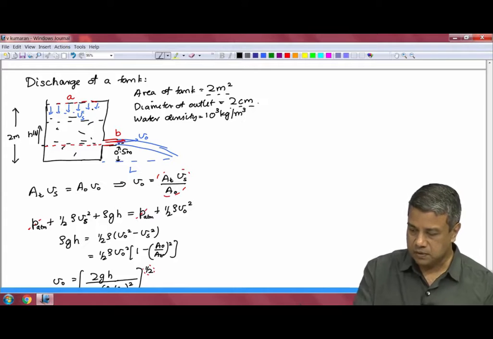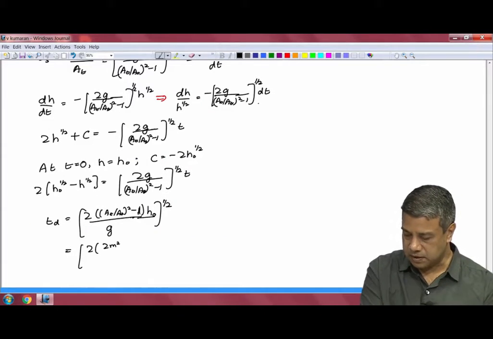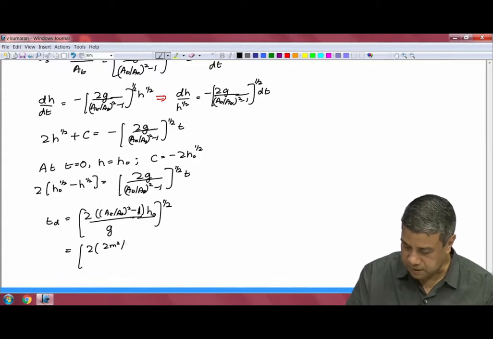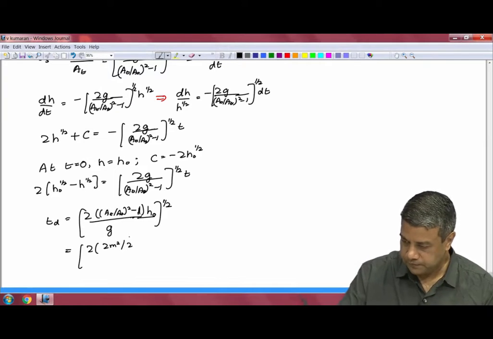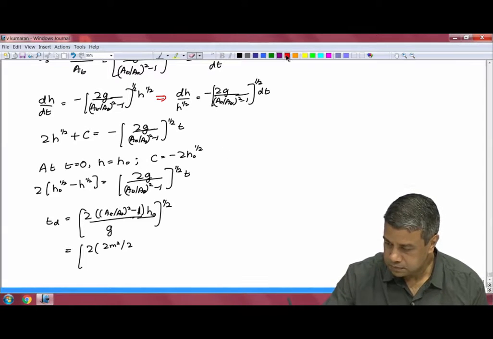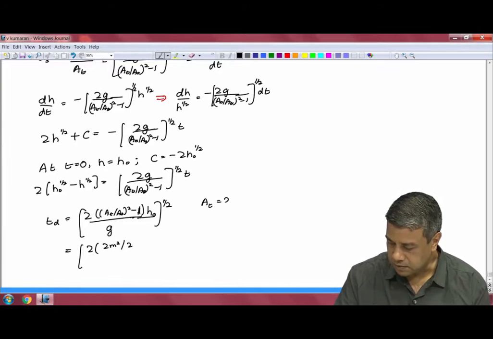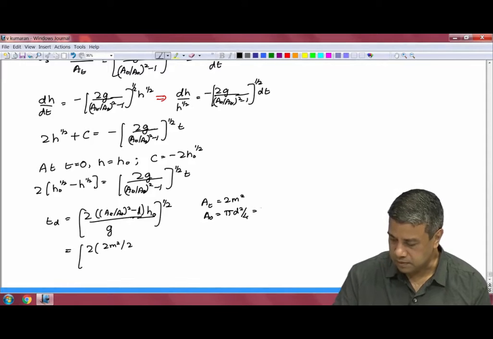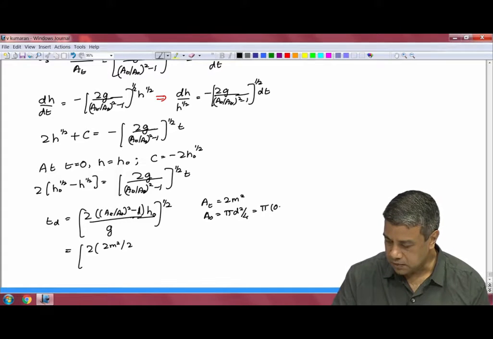The area of the outlet is A0 equal to pi d square by 4, which is pi into 0.02 meters the whole square by 4.